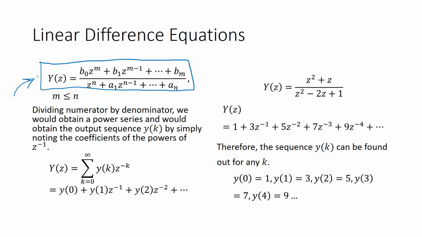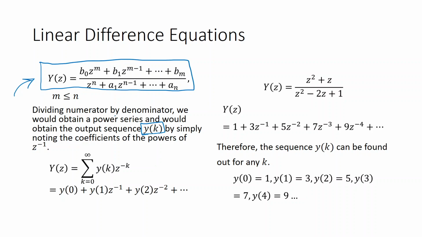So some output we are considering which is in the form of numerator by denominator, and we are trying to see what is this output sequence y(k) when the Z transform of the output is in the form of a numerator by denominator like this, which is a proper numerator by denominator form. We have Y(z), then what is the output sequence y(k)? That is what we are trying to find out.